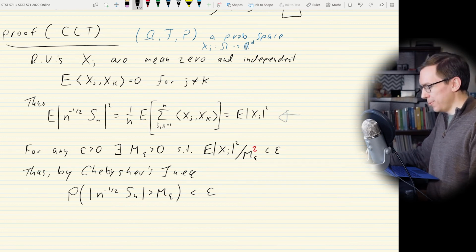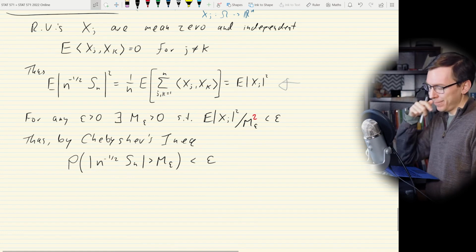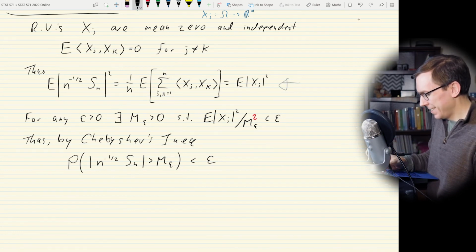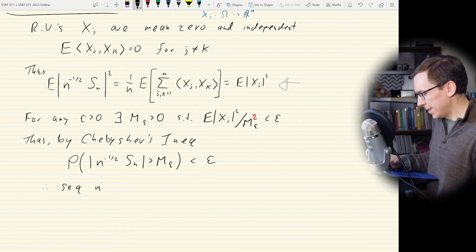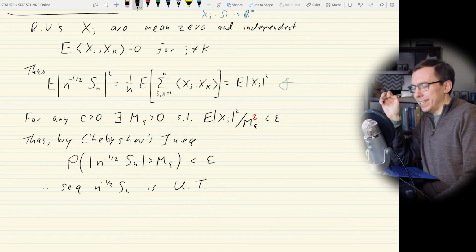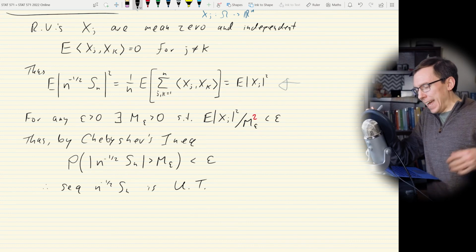So why do we do that? What this means is that the sequence n^{-1/2} S_n is uniformly tight, because I can find an M large enough.